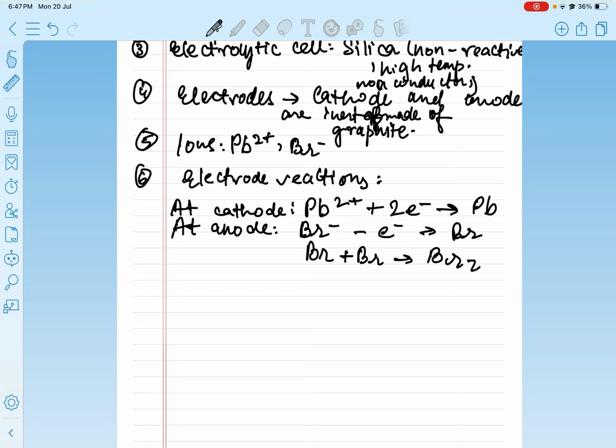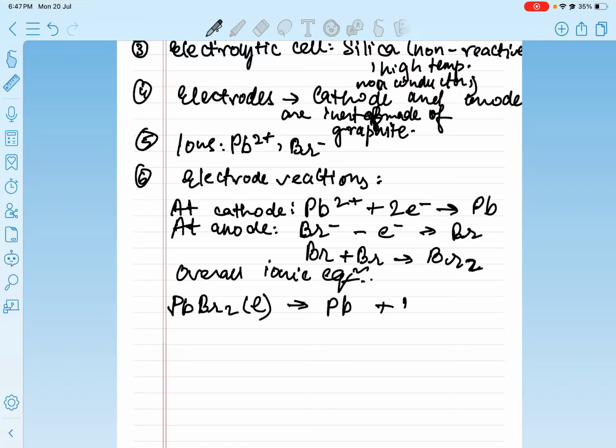For the overall equation, you can write that PbBr2, which is a liquid, breaks down to give Pb plus Br2. The Br2 is in the form of gas, bromine vapors, and lead is in the form of solid.